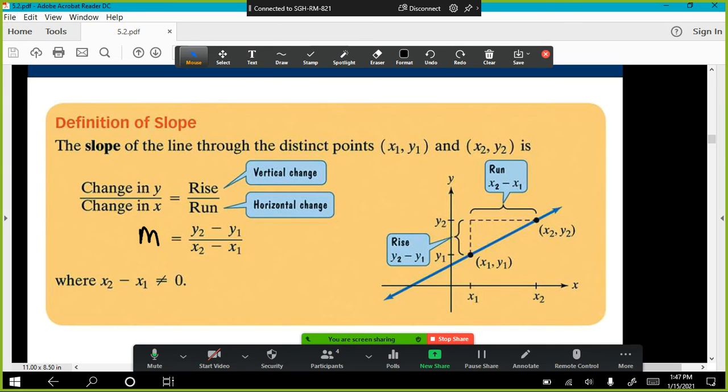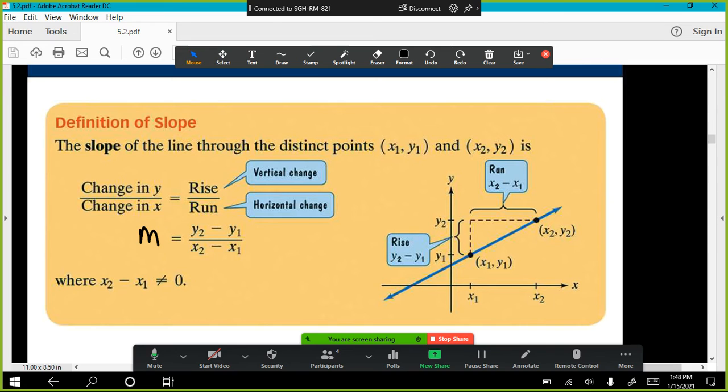Now, the way we find the slope is we find 2 points on the line and ask how much did that line change vertically? It's the change in y, up and down, divided by how much it changed left and right, its horizontal change, or change in x. You also hear it a lot, the rise over the run.